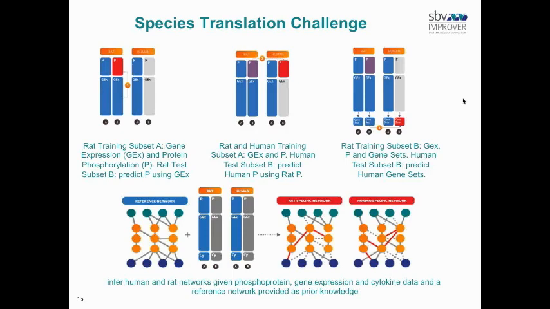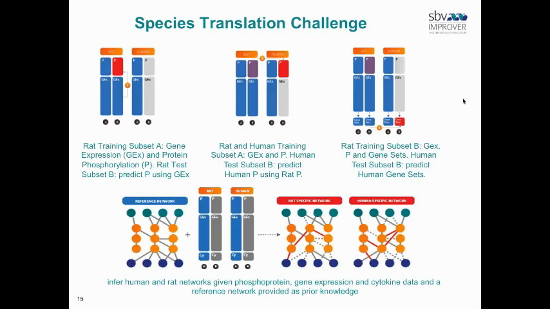In another sub-challenge, the prediction had to be made between different species. We had results for perturbation A posted, and for perturbation B posted, and we had to predict what's going to happen in human for perturbation B for phosphorylation data if you know the results for perturbation A.